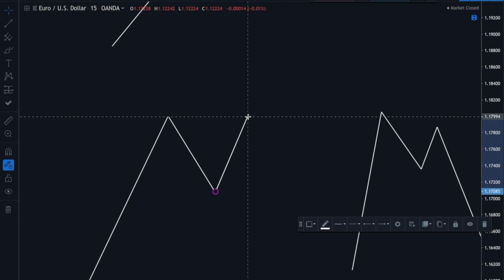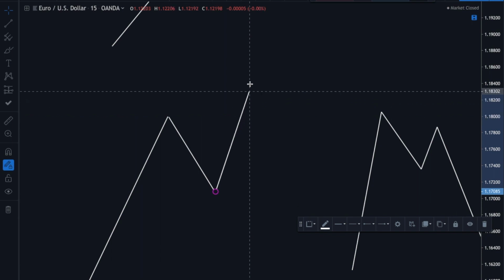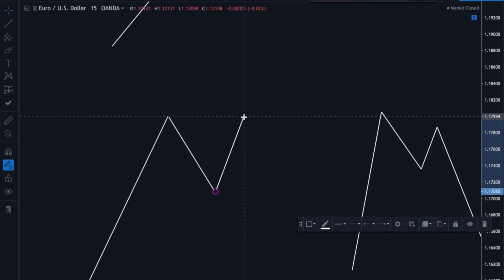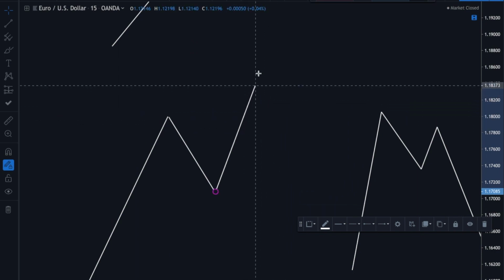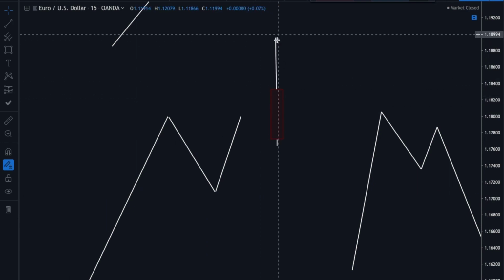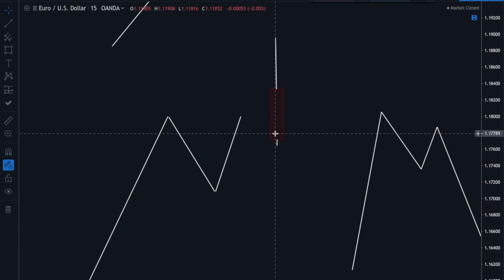Sometimes you will see the spike go higher, but the actual candle closes right at the first leg. You'll see a spike all the way up, so the second leg candle ends up looking like this.